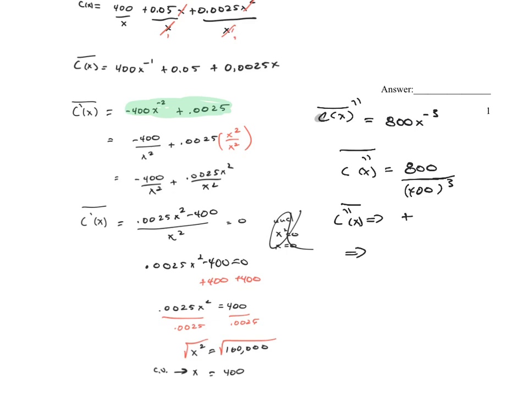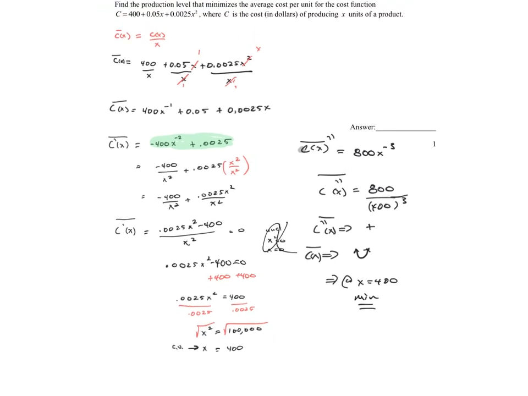Since the second derivative is positive, that means it's concave up. The average cost function is concave up, which tells me that at x equals 400, I must have a minimum. So I have indeed verified that I have a minimum average cost when x equals 400.